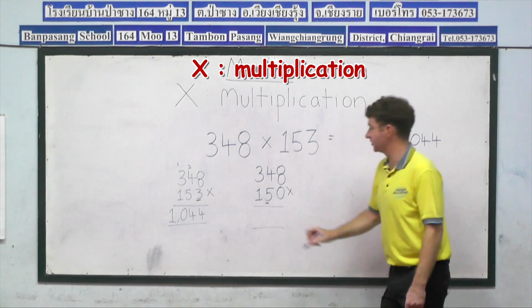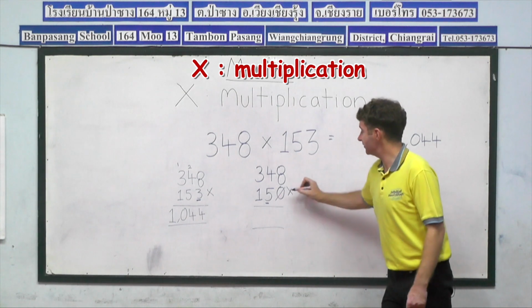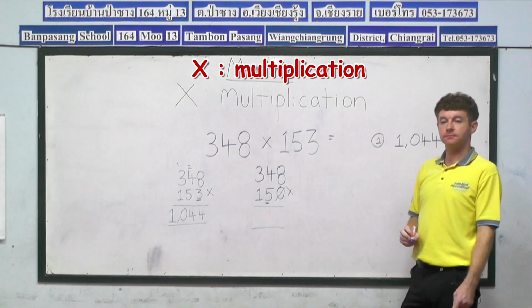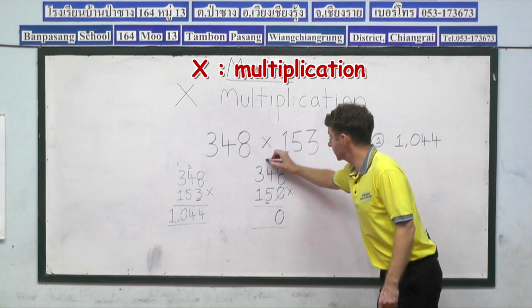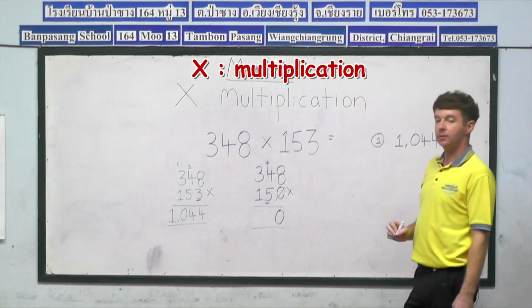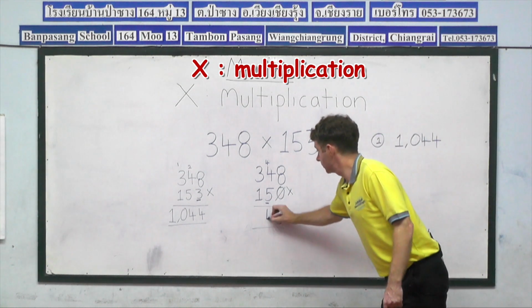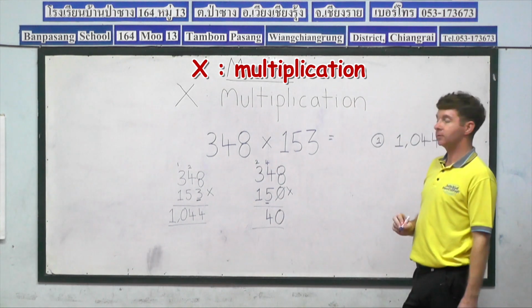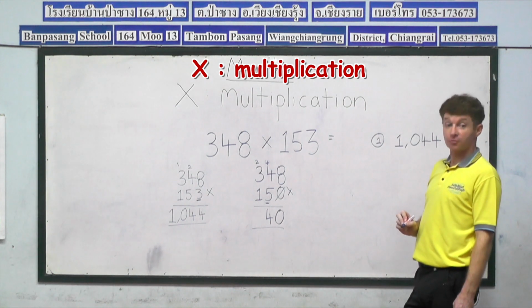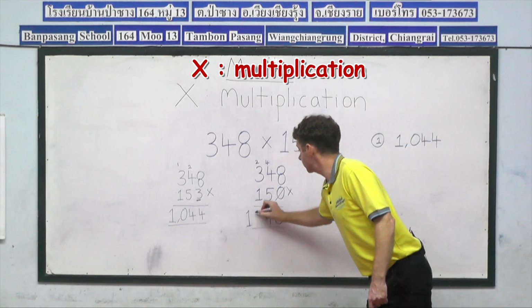So what do we do with the 0 first of all, guys? Delete 0. 5 times 8 equals 40. So let's write 0, carry 4. 4, carry the 2. Plus 2 equals 17. So 1 and 7.